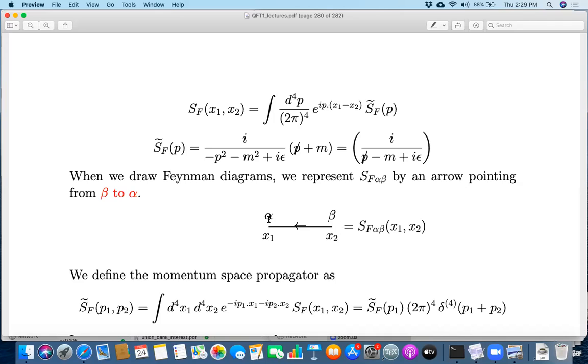In any case, here our convention will be that we draw the arrow from the psi bar end to the psi end. If you want to remember the insight behind this, keep in mind that psi contains an annihilation operator for the electron. It's as if psi is absorbing an electron, because it annihilates an electron. So you can think of this arrow as the direction in which the electron propagates.